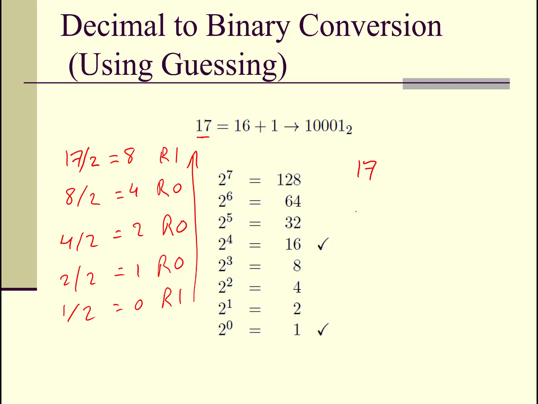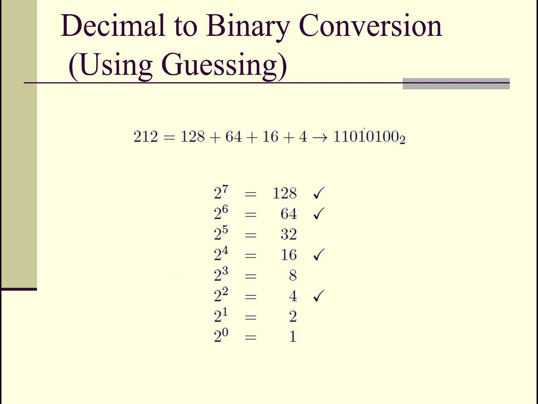And I found the nearest number is 16, right? So 16 can be represented as 1, 0, 0, 0, 0, okay? And then subtract both of them from each other. This will give 1, right? How can you represent 1 in binary? Just here. And finally you get this number, which is exactly the same as this number, okay?